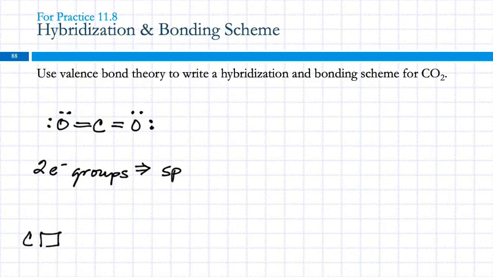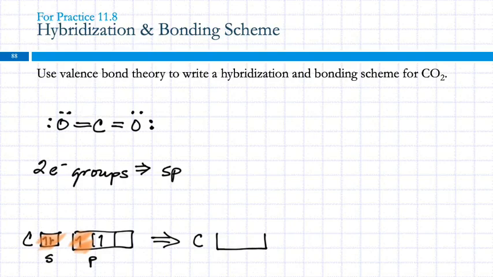So I'm going to draw the orbital diagram for carbon. Looks like that. And then when I hybridize it, I'm going to take this s orbital and one of the p orbitals over here to form the sp hybrid orbitals, and then I've got p orbitals sitting there.